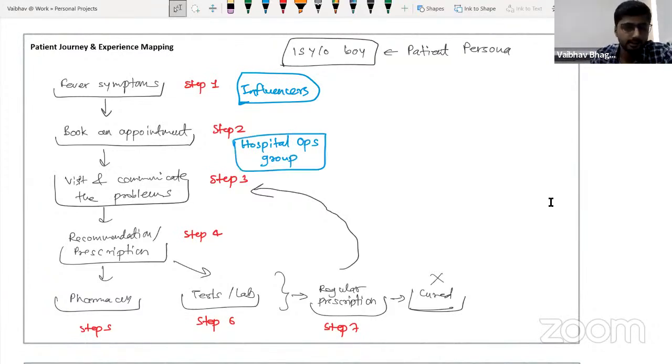Once he visits and communicates the problem, he'll do it with the doctor himself. And then for the recommendation and prescription, it's the same stakeholder, which is the doctor. But there might be involvement of nurses also. So although they are not directly connected here, we'll also consider the clinical staff which is there in the hospital.